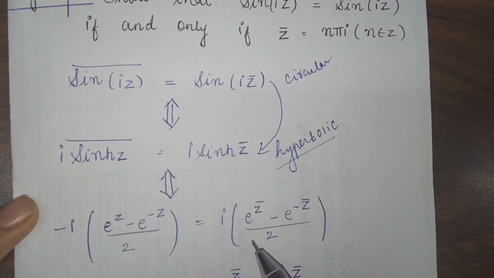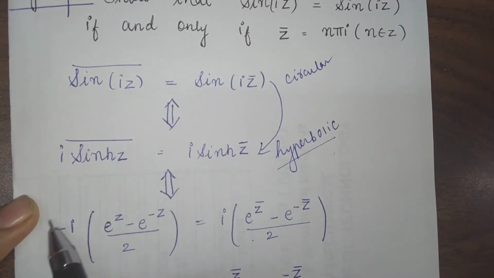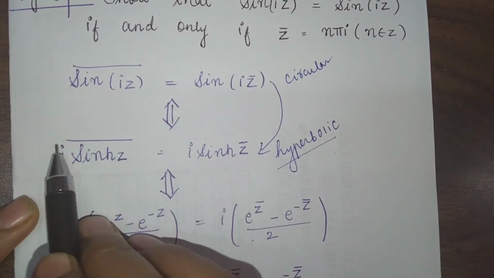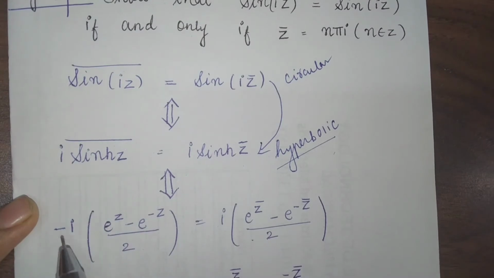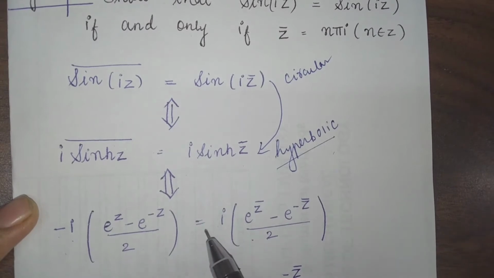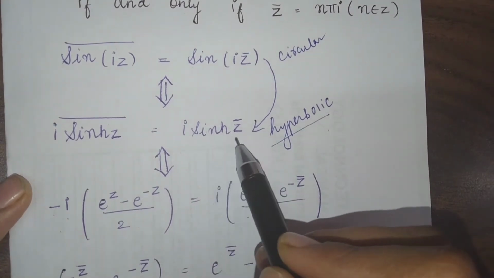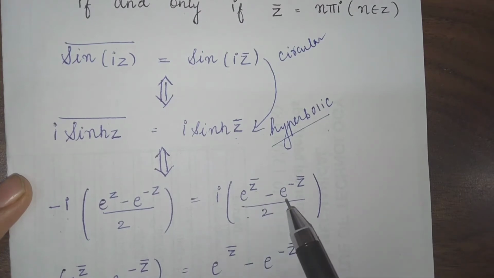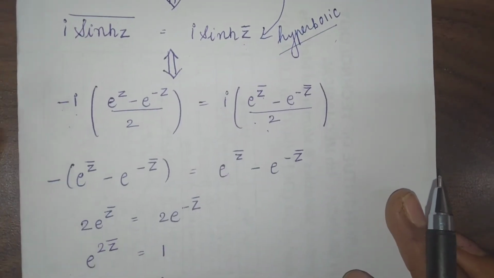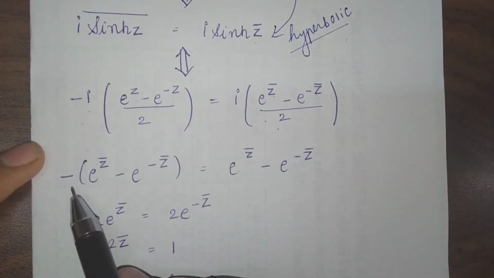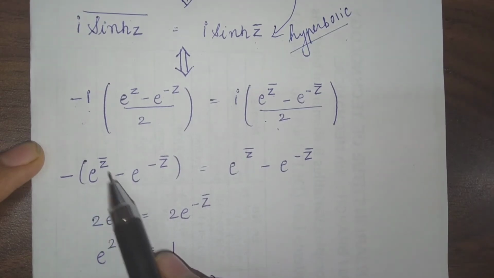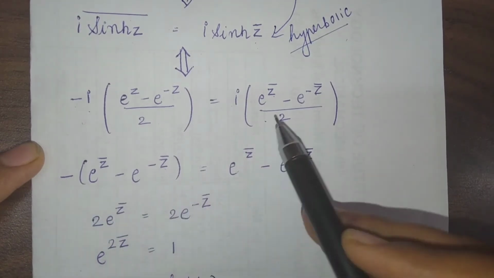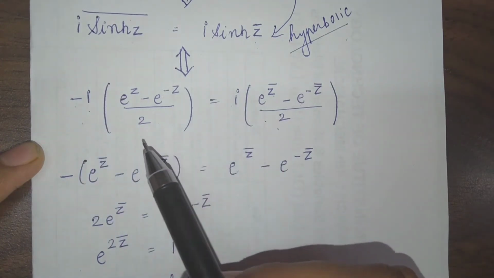And similarly here, why have we written minus i? Because here the whole conjugate is given. So we have to write minus i into e raised to z minus e raised to minus z by 2 equal to i into, and here only z conjugate is there, so we write e raised to z conjugate minus e raised to minus z conjugate by 2. And now solving it further, we get minus e raised to z conjugate minus e raised to minus z conjugate, because this i and this i will get cancelled.